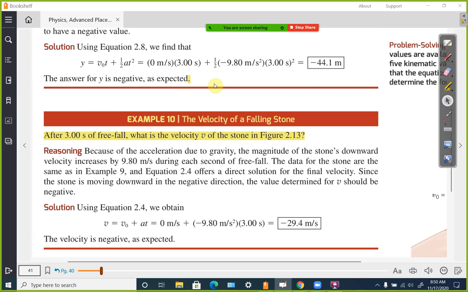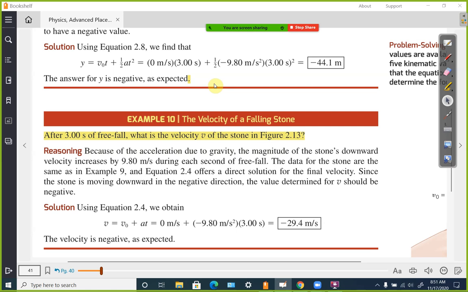So what they're looking for is they want to know what is going to be your final velocity at 3 seconds. So if you go back and you look at your kinematic equations, right, you would look at all the ones that could work for this. And there's oftentimes more than one that you could probably use, all right?